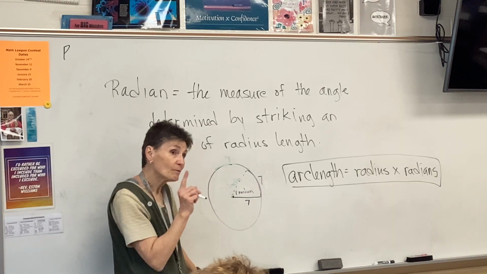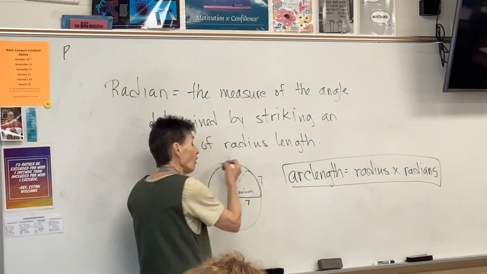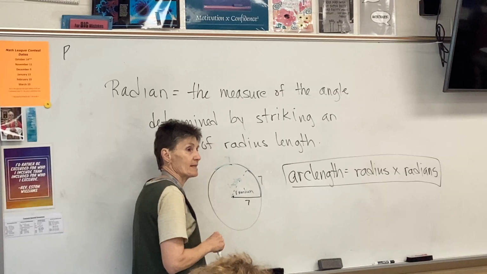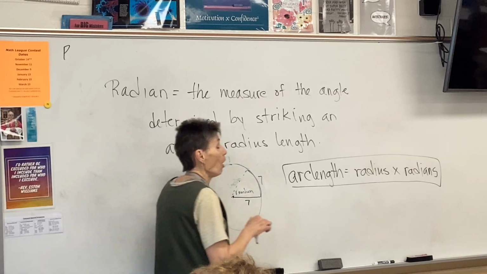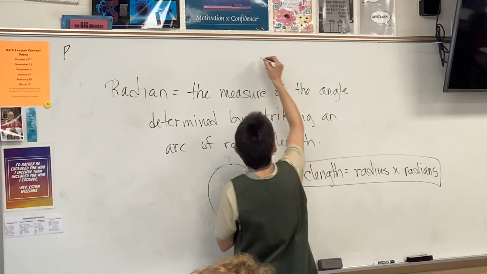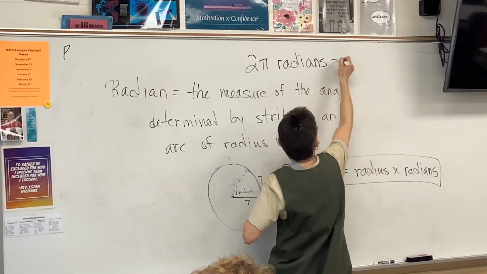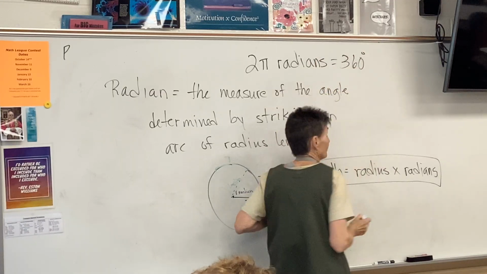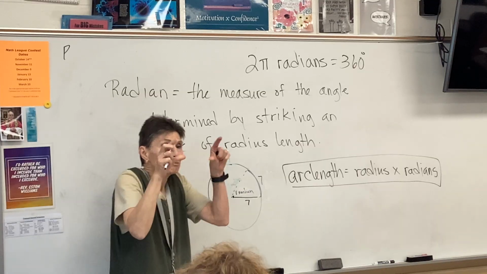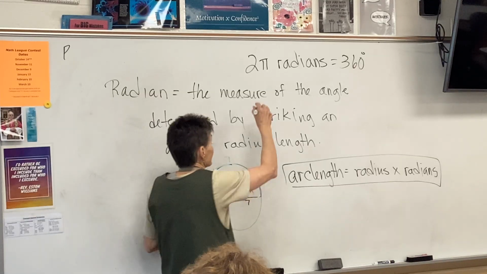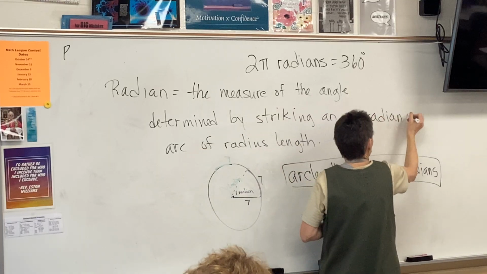Okay, now another thing that you have to write down is that if we go all the way around the circle, how many degrees is that? All the way around the circle is 360 degrees. Well, all the way around the circle is also 2 pi. So 2 pi radians equals 360 degrees. Most people reduce that and say pi radians would be what?